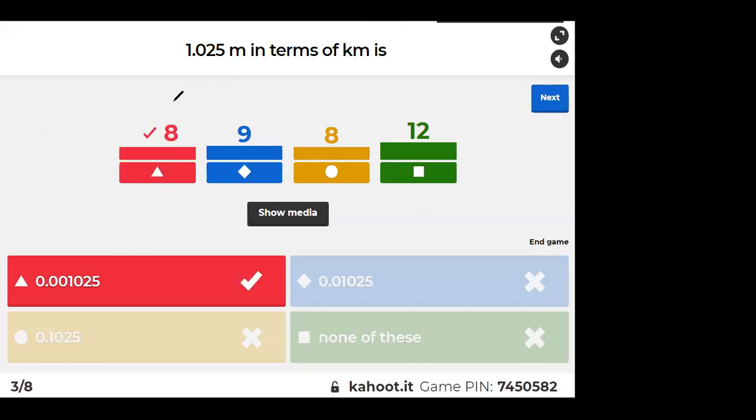Guys, remember, है ना? 1 meter is equal to 1 by 1000 kilometer. Yes or no? Ayana. Right? So 1.025 meter is equal to 1.025 into 1 by 1000 kilometer.